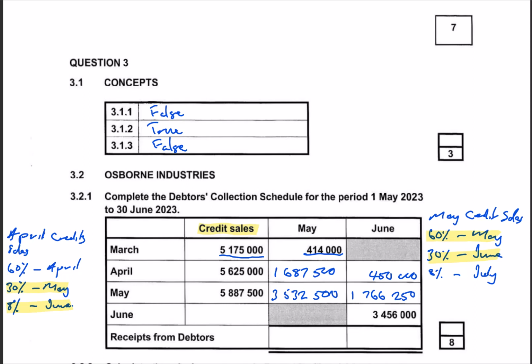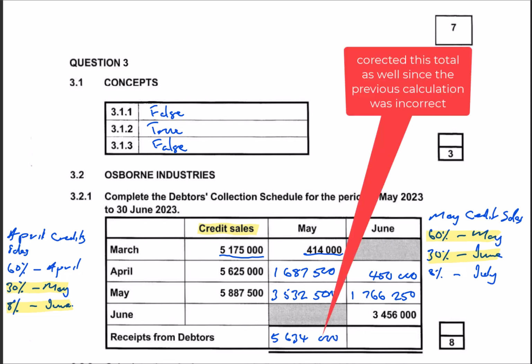We can prove some of them; they might not be correct because of typo errors. So the total here, you will get 414,000 plus 1,687,500 plus 3,532,500. So you get 5,634,000.